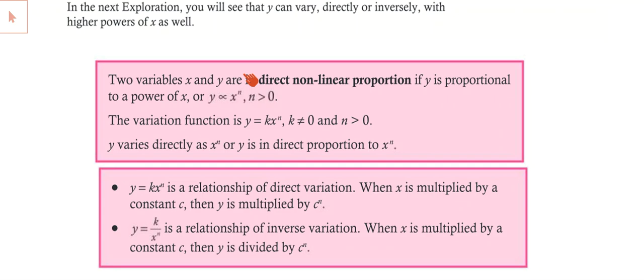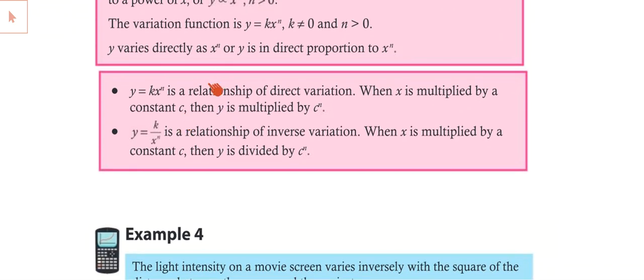So that's something that maybe we still need to know. Okay, so just look at this again. This is on your sheet. Kx to the power of n is a direct relation. When x is multiplied by a constant c, then y is multiplied by c to the power of n, not just c. So that exponent and the constant go together.